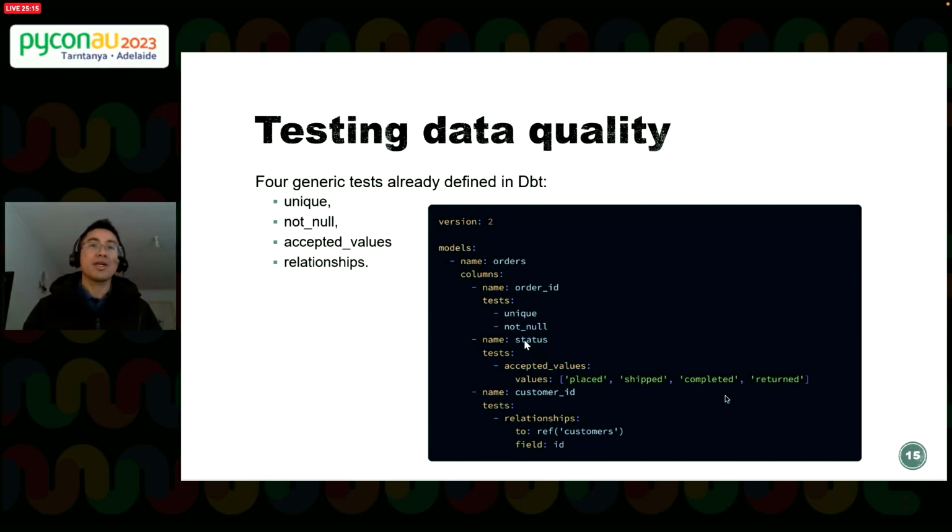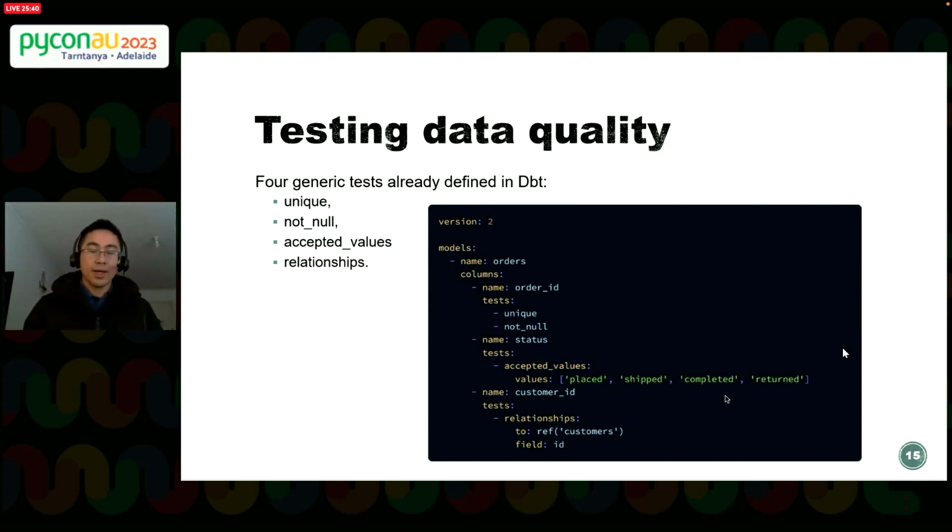Another column is called status, and the status for the orders should be in one of four values. The third column is customer ID, which will have a relationship to the other table, customers, in the ID column. So this is one example of the four generic tests in dbt.